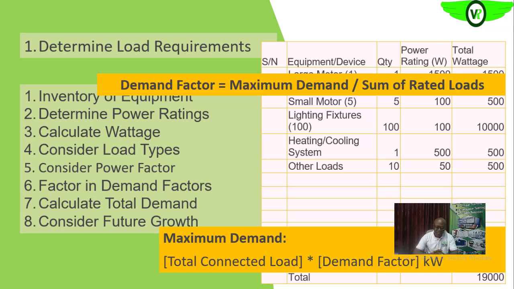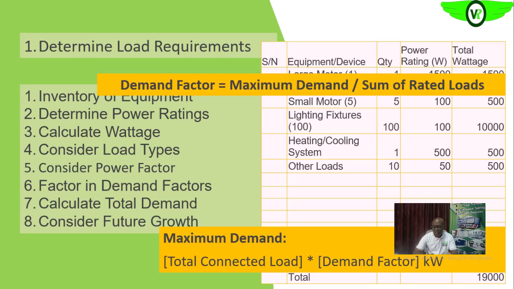Maybe put in 20% for future growth or 30% for future growth, as the case may be, and then use that. So what this means is that once you have gotten your total demand, as you have seen here, assume that the total demand is 19,000. Then you say, let me factor in 10% growth or 20% future growth.